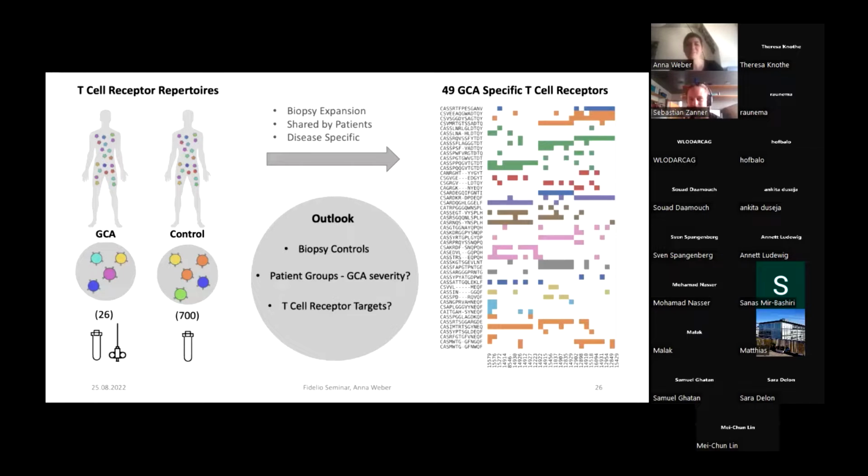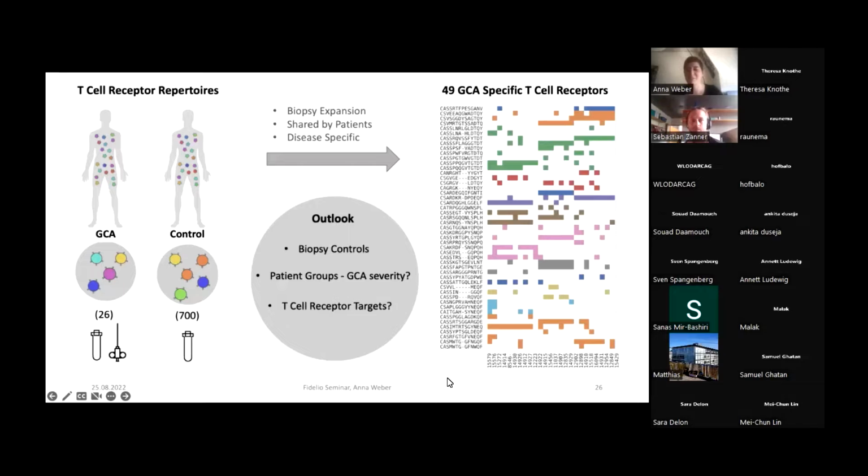The thing is that I don't think too many people do this kind of T cell receptor repertoire sequencing. So there aren't that many publicly available samples, and I definitely haven't found one. If you know of a data set of vascular tissue and T cell receptor sequencing, I would be more than interested.